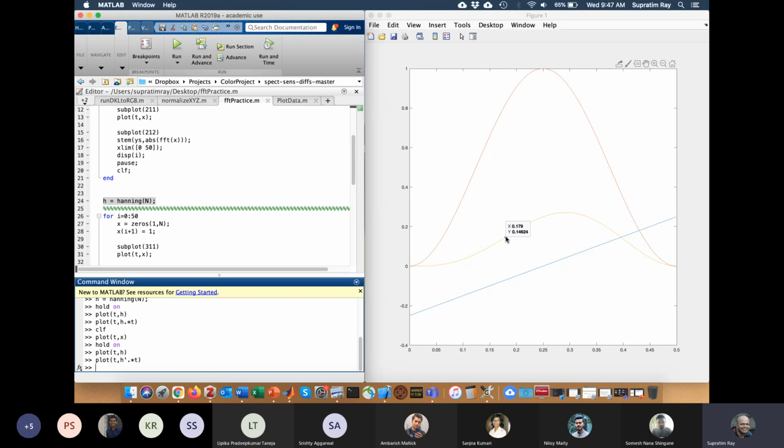Whether you like it or not, your spectrum is always changed, because remember the original signal, which was changing slowly, was having these large jumps when you made a periodic copy of it. This other signal shown here in yellow won't have those drastic jumps because it starts from 0 and ends at 0 always, because the window starts at 0 and ends at 0.